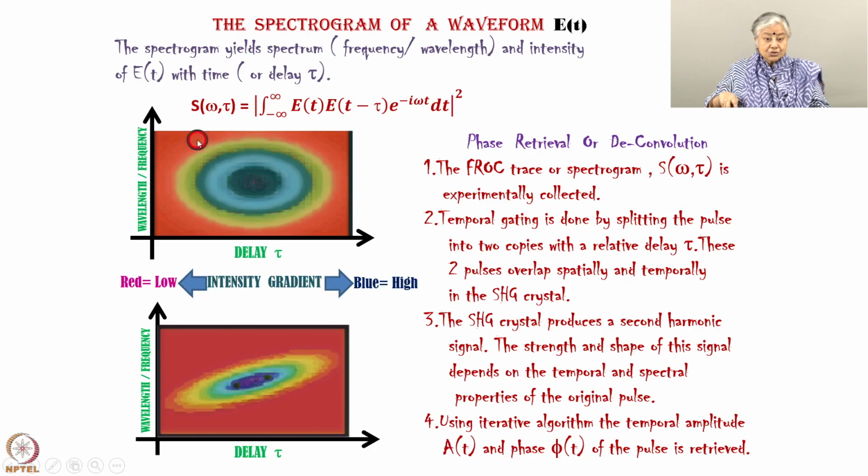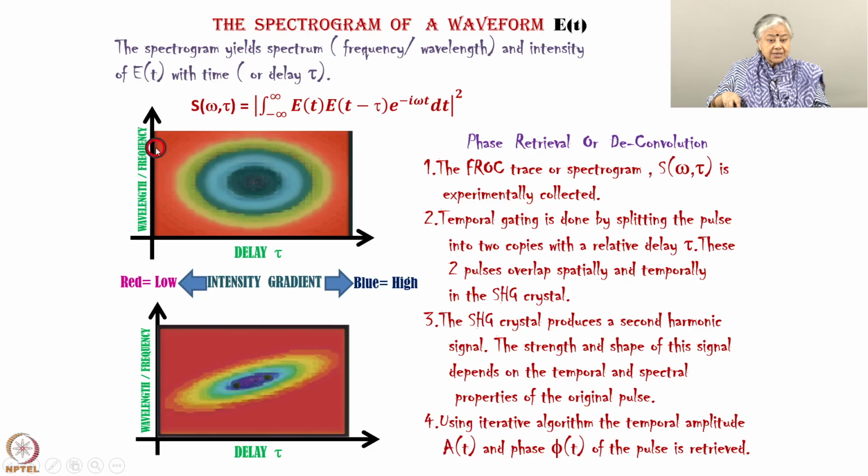Okay. So, this is not the spectrum. This red and the blue, it is not the frequency. The frequency is there along this line. You can get the different frequencies. But this blue and this red and this yellow, that is giving you the intensity. So, for this particular frequency, somewhere here in the center, it has the highest intensity.